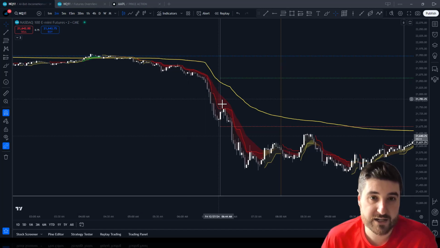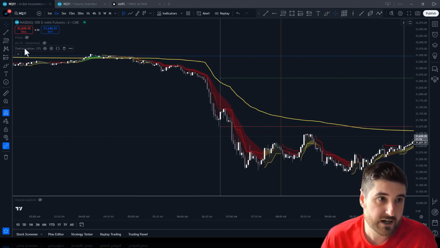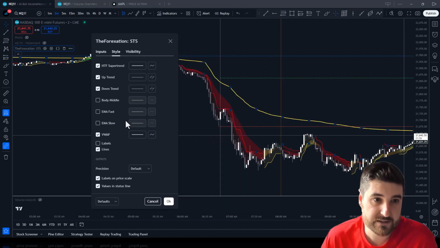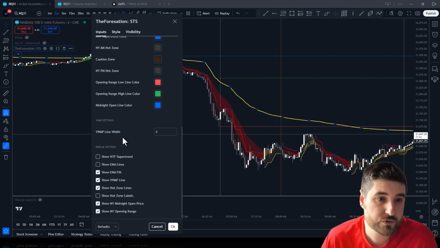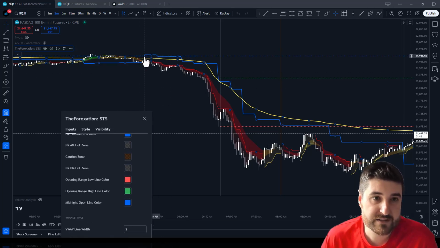Next is the actual logic of the indicator, and that's where we have the super trend, the EMA cloud, and it's referencing a higher time super trend that you don't see on the chart. I could turn it on real quick so you could kind of see. And what that is doing is, if price is above it, we're going to be bullish. So that's where you see these green signals fire off.